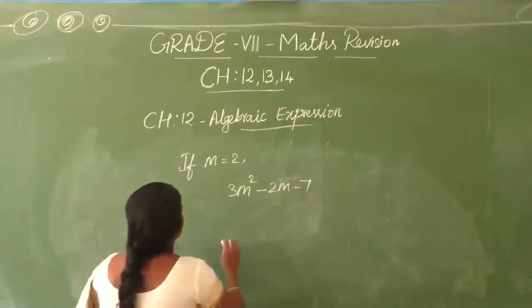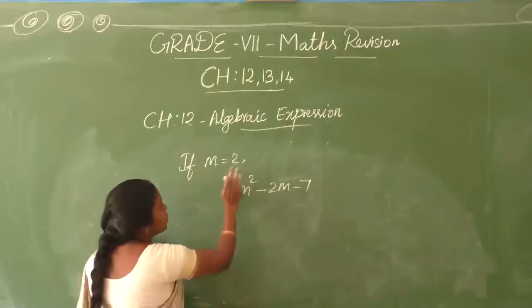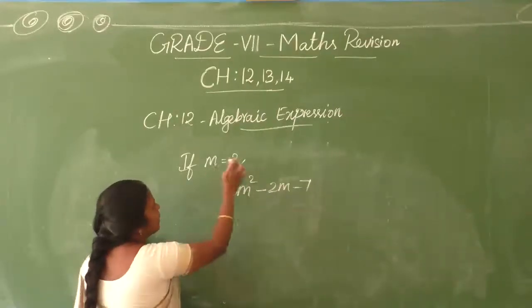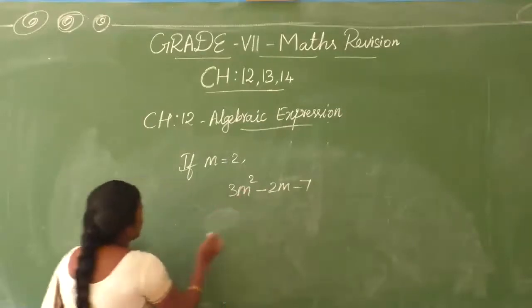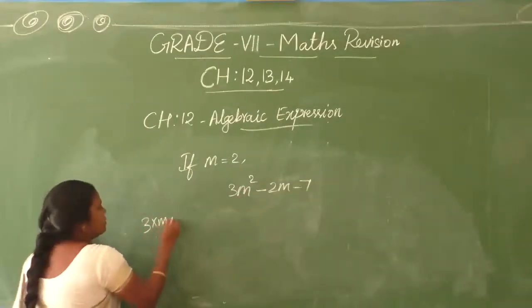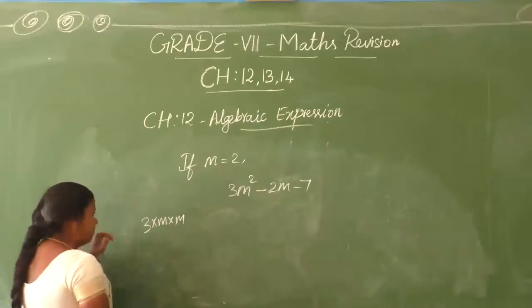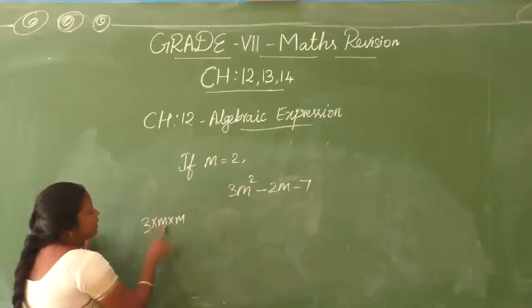How to find out this value by putting m as 2, what to do? See, actually 3m square, how do you write? 3 into m only, 3m square. Clear? 3 into m, 3m square.